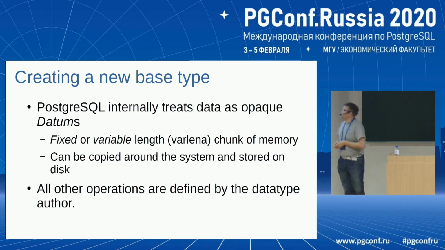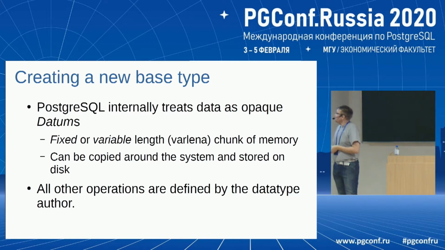And then there are variable length data types, which are typically strings of text or JSON, or actually numeric is also a variable length data type, and many others, where you have a small 1-byte or 4-byte header indicating the size, and then you have a bunch of data.